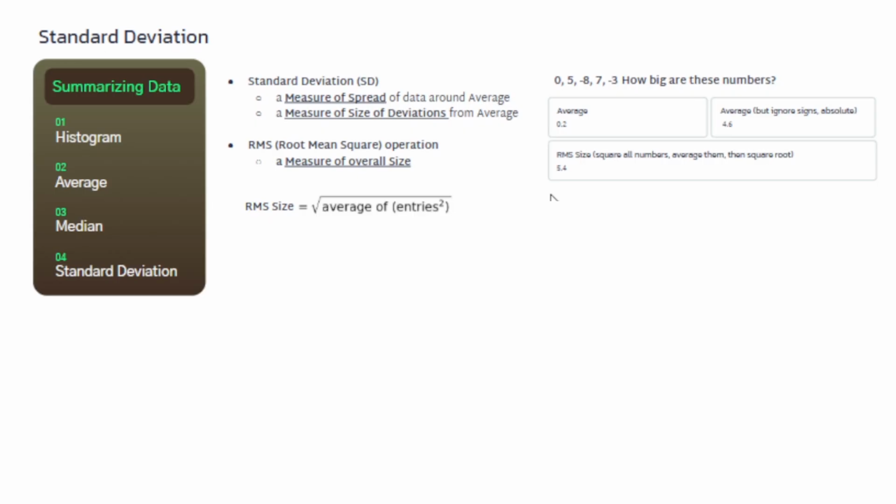So as a measure of the overall size of these 5 numbers, you could either choose 4.6 or 5.4, but in statistics, the RMS size is often used because, as you will see in future episodes, it better fits with the algebra that is very common in statistics.